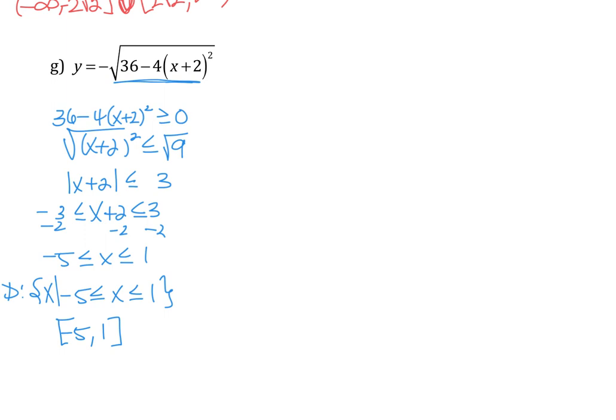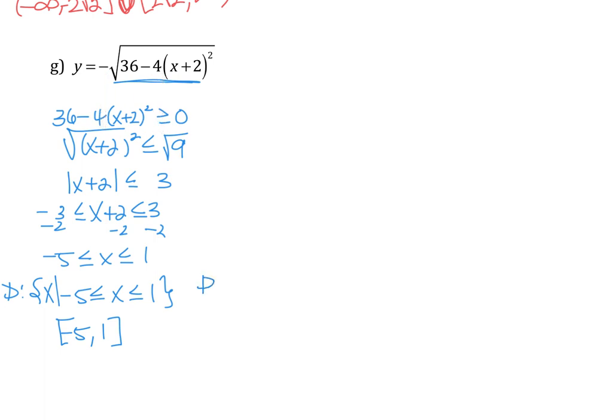And then my range, you can solve for or isolate the square root if you'd like, or you can think about it logically, since we know we have positive values or 0 coming out of this radical, and then I'm multiplying it by a negative. I know my y values are going to have to be negative or 0.